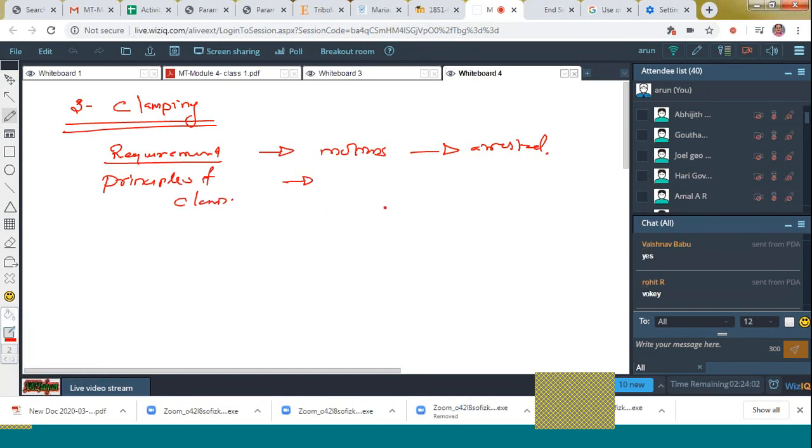The first one is this one. The motions can be arrested. The second one, anything? If I want to machine this surface, by means of a clamp, I can hold this surface in a correct position. Am I right?